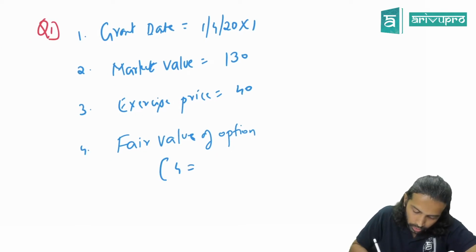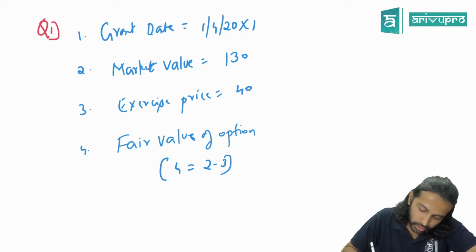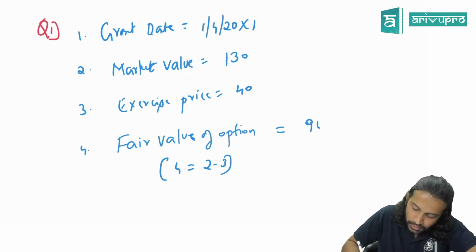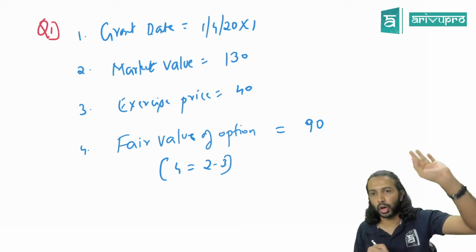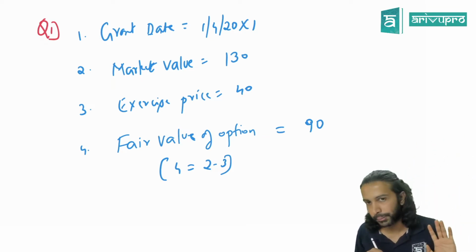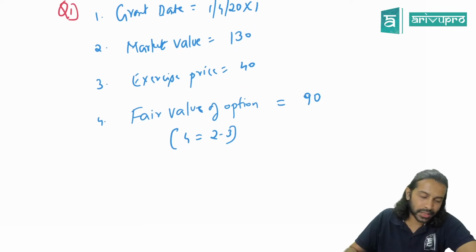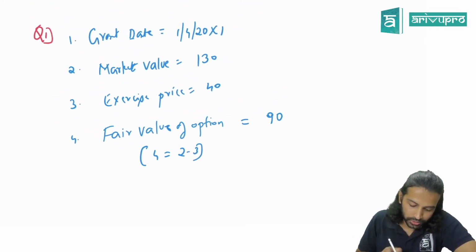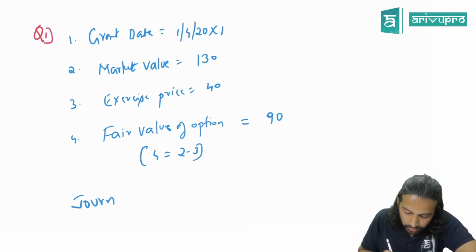Can I write 4 is equal to 2 minus 3? Yes. 2 is your market value and 3 is the exercise price. If you do that, you get 90 rupees as the fair value of the option, or rather the discount on the option. This is the base data. Once this base data is done, we'll go ahead and pass the journal entry.